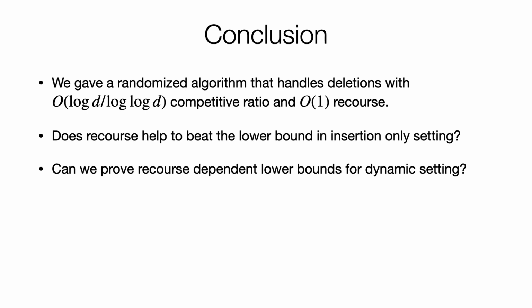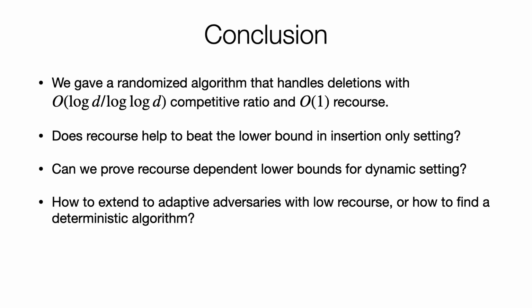And we don't have any recourse dependent lower bounds in the dynamic setting. Say if we bound the recourse by some constant, what is the best competitive ratio we can get? And it's also unclear how to extend this algorithm to adaptive adversaries and reduce the recourse, and also how to de-randomize this. This ends my talk.